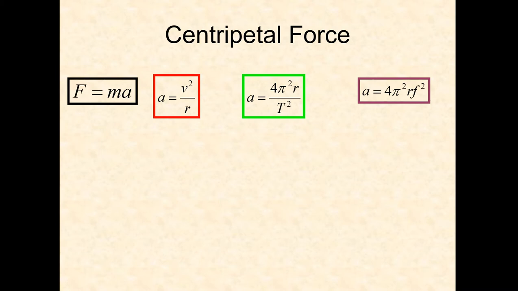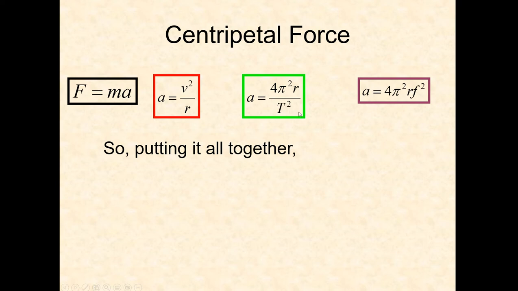So, reviewing the formulas we know: force is equal to mass times acceleration, and then we have three different acceleration formulas, which means we can put this together. We can replace the acceleration in F = ma with any of these other three accelerations.